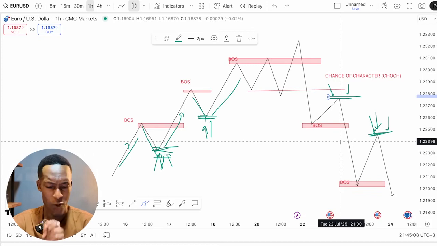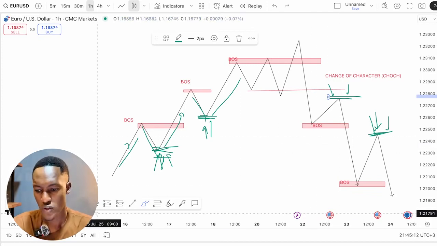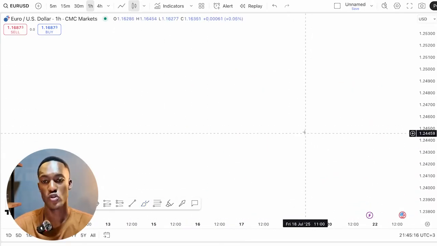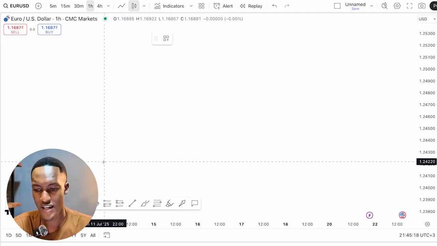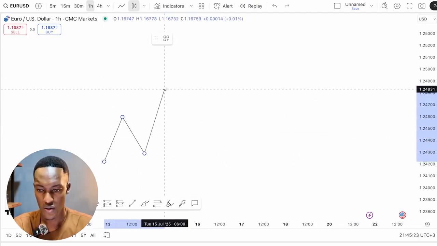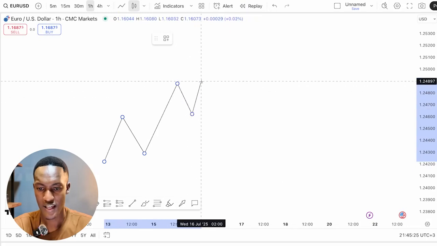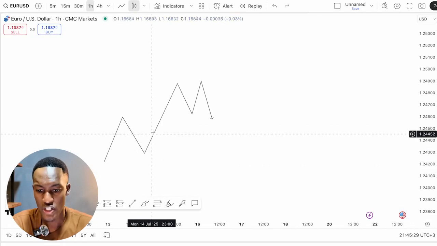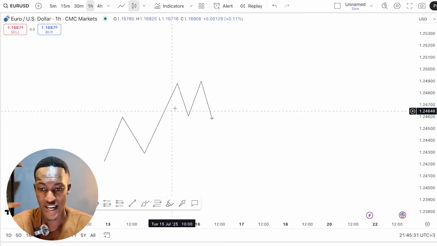Now, let's go ahead and understand liquidity sweeps, okay? As I mentioned earlier on, the market needs money to move, okay? Now, let's go ahead and have an illustration here, all right? So let's say the price comes off here. Now, we initially have a push to the upside, all right?